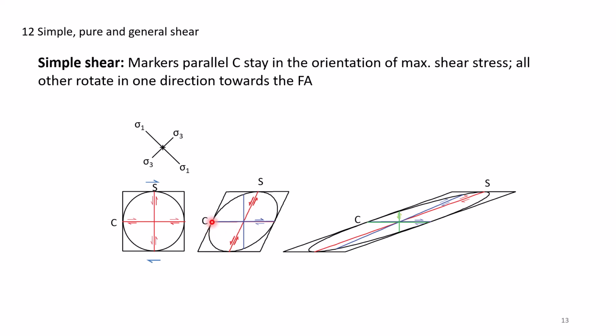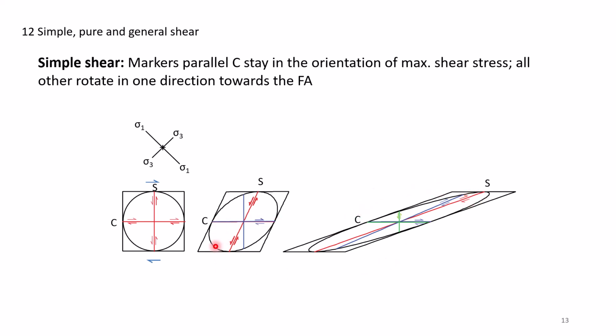The C-plane does not rotate because the C-plane is already in the orientation of the fabric attractor, which is the shear zone boundary. We continuously will form new micro shear zones in the orientation of maximum shear stress, which means in this case vertical and horizontal.